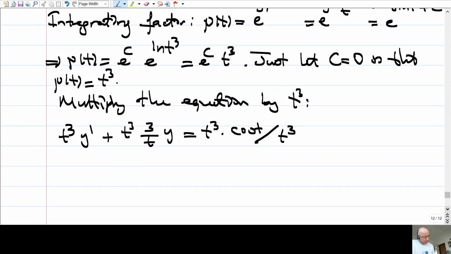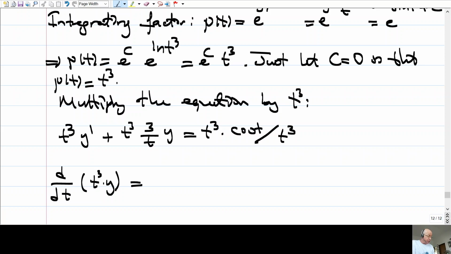We see that the left-hand side is the derivative of the integrating factor times y. Let's check whether this is really the case. Otherwise, it means that we have made a mistake earlier.